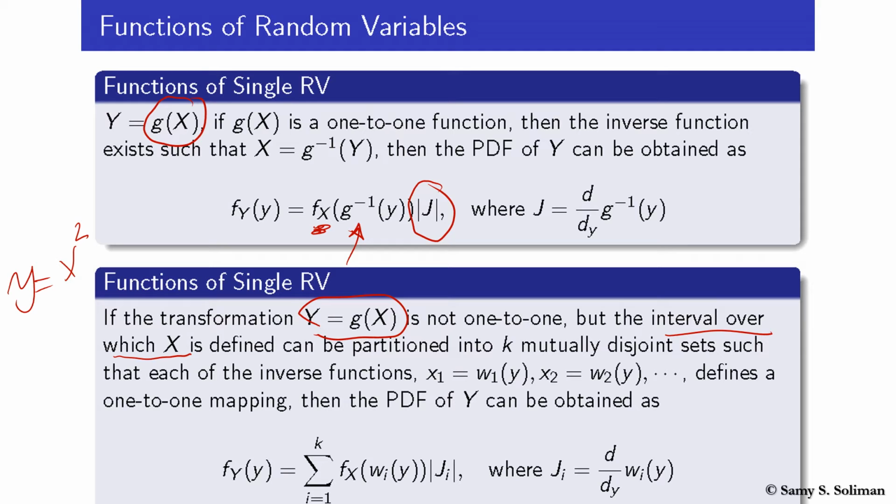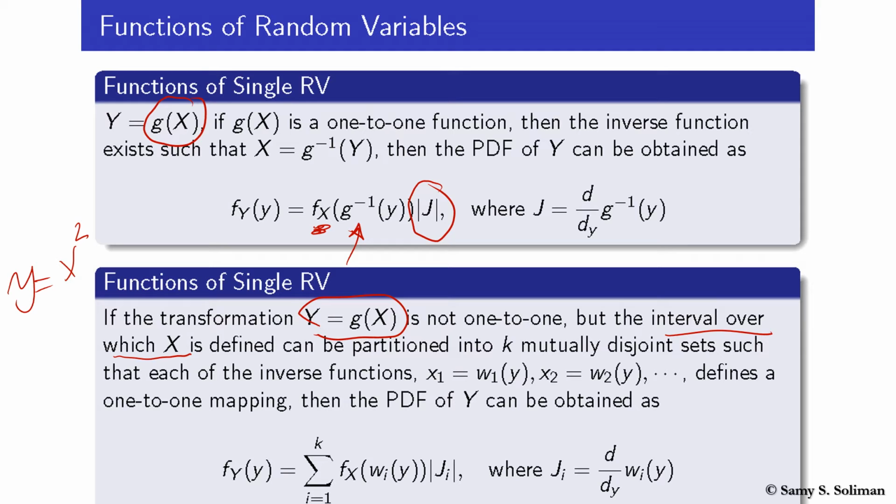So we have in the first interval x1 is equal to w1 of y, x2 in the second interval is equal to another inverse function w2 of y, and so on, on condition that each of those functions in each of those mutually exclusive intervals is a one-to-one mapping.